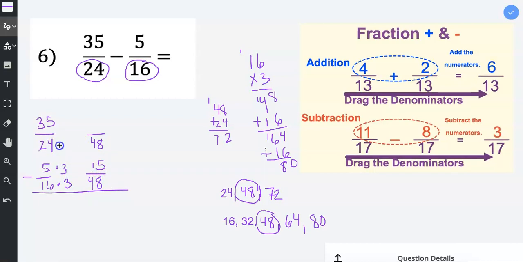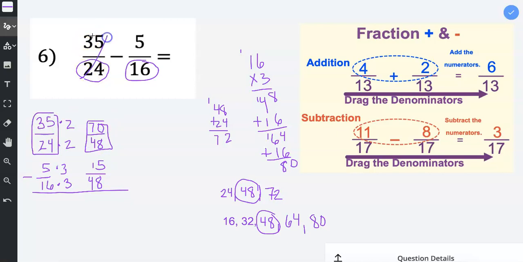Then up here, 24 times 2 gives us 48. So I need to also multiply the numerator by 2. So 35 times 2 is 70. 35/24 is equivalent to 70/48.